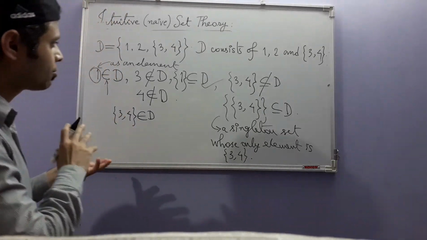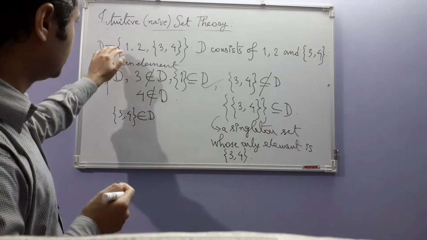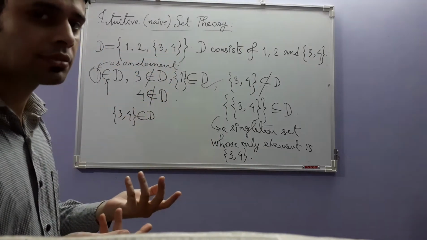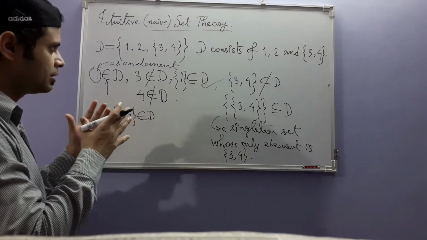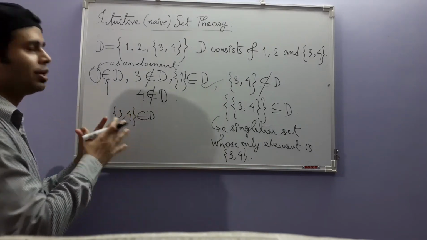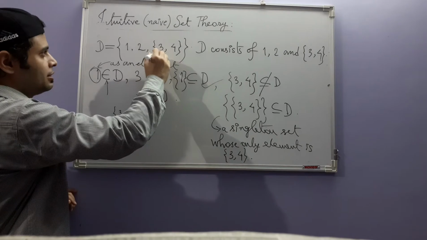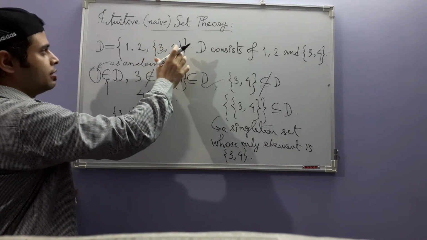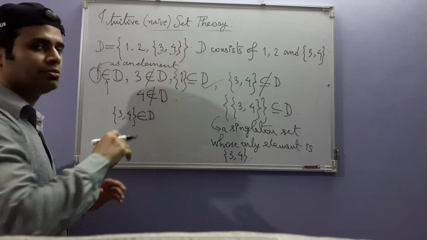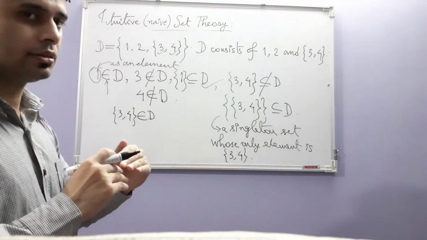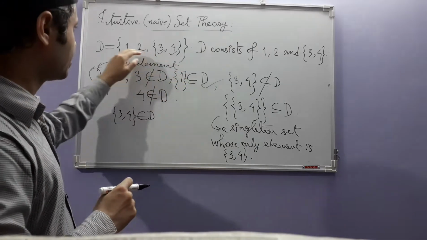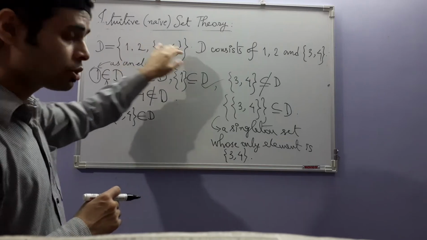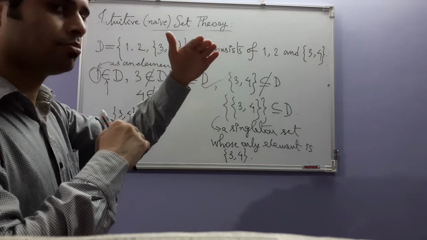So do you see how complicated things can become when one of the elements or several of the elements of a set are themselves sets? You have to keep track of the level. So you can think of these things as primitive elements, and then sets consisting of primitive elements as sets, that is one level up, and then sets whose elements can be primitive elements or sets, one level up more.